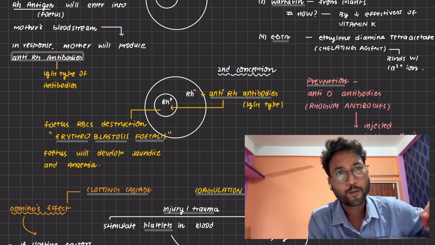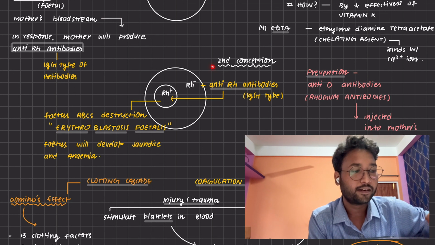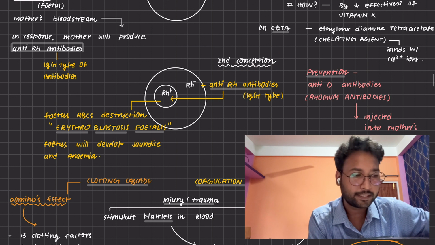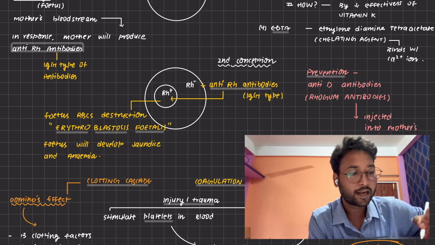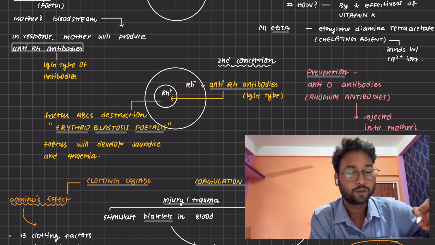But now the mother is not just Rh negative. The mother also has anti-Rh antibodies in her bloodstream, which are of IgG type, and they can cross the placenta and kill the RBCs of the fetus during parturition.